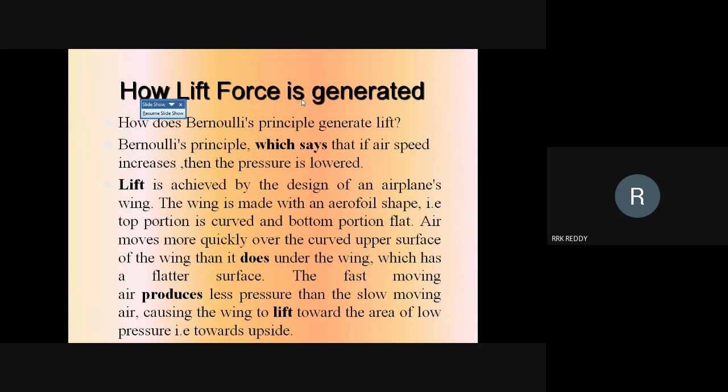So lift is achieved by the design of an airplane wing. The wing is made with an aerofoil shape. That means the top portion of the wing is curved and the bottom portion is flat. So air moves over the curved portion much more quickly than it does under the wing, which has a flatter surface.